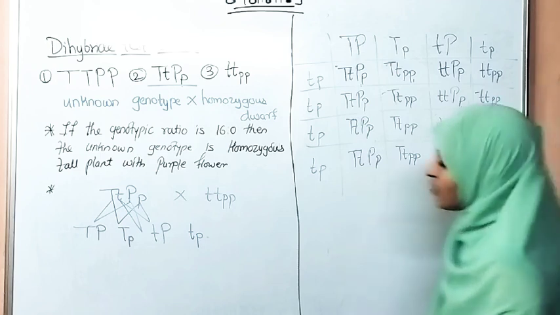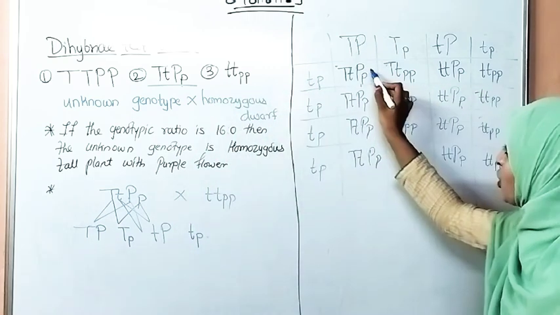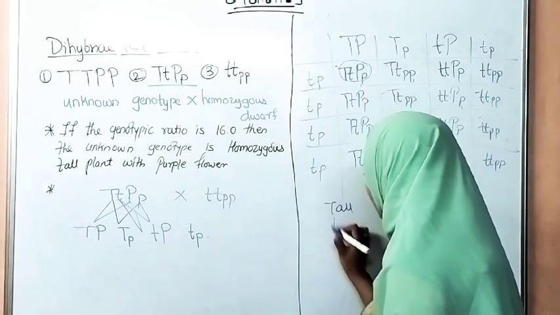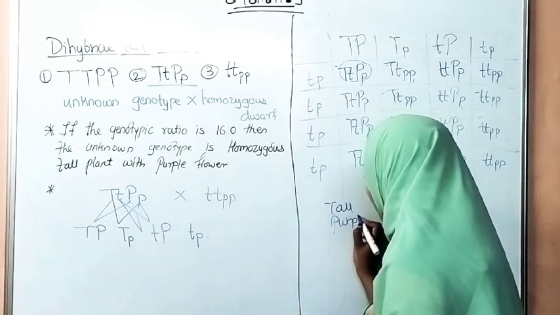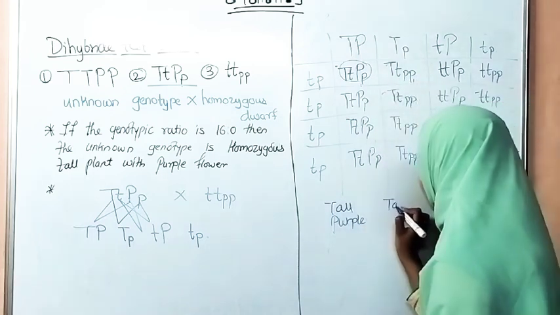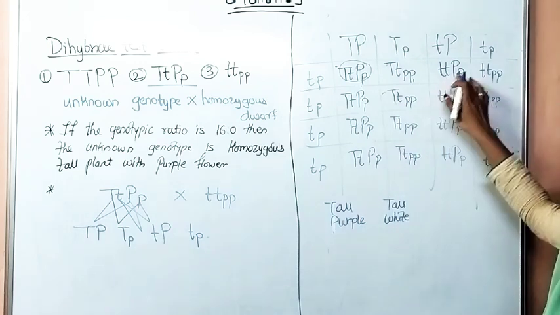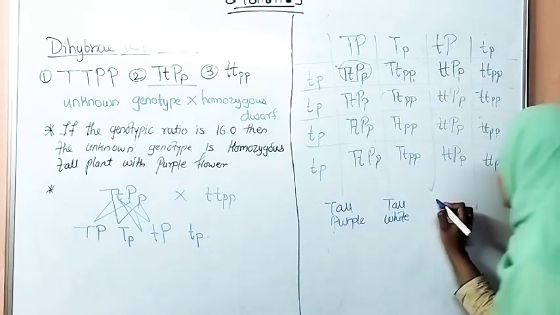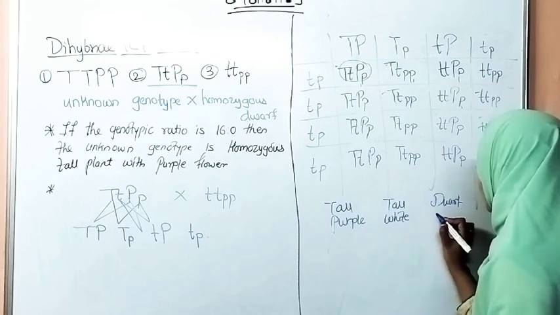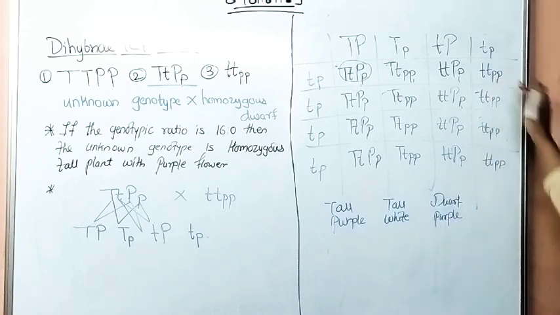Now see here, we get four different characters: tall plant with purple flower, tall plant with white flower, dwarf plant with purple flower, and dwarf plant with white flower.